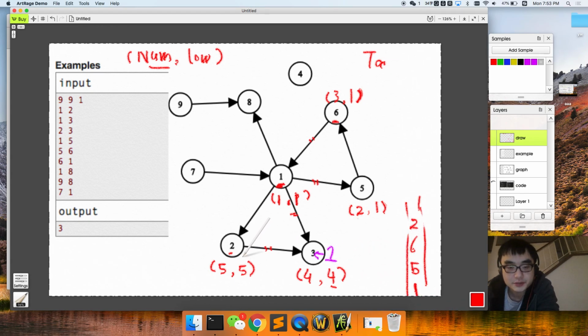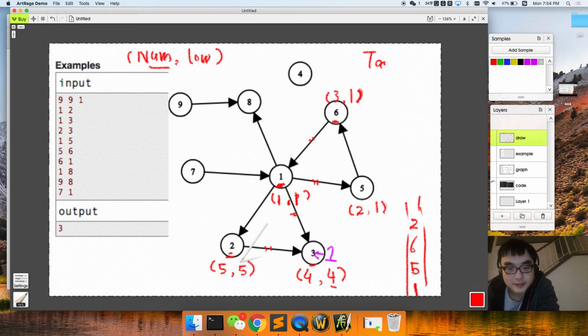So we can be sure this node is not going to be in the same SCC with this node because this node already belongs to another SCC, right? So we don't need to visit this node anymore.